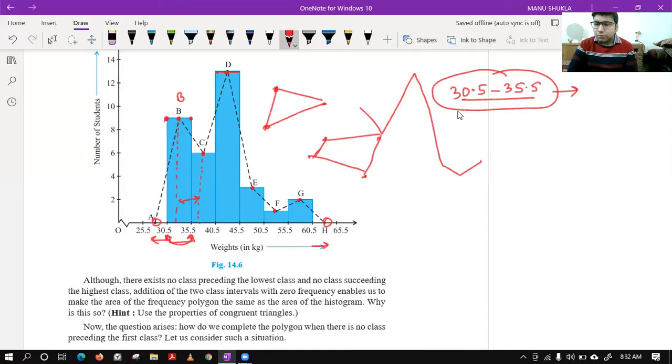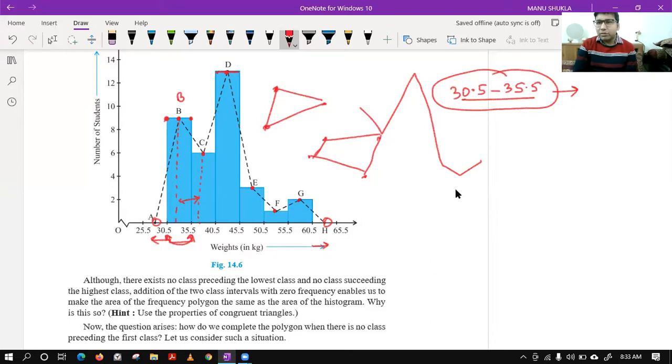Class, which number represents this complete class interval the best? Starting one, ending one, or the middle one? Please answer. Class. Okay, Utkarsh. Others, please try.